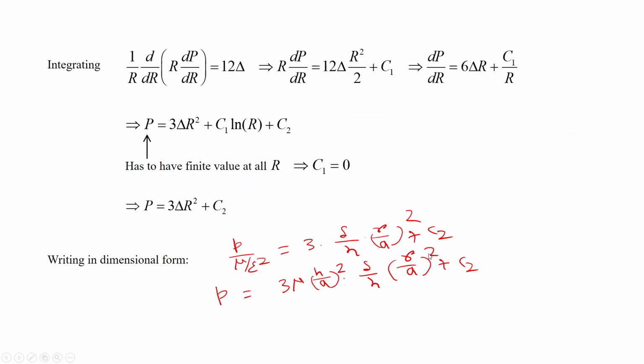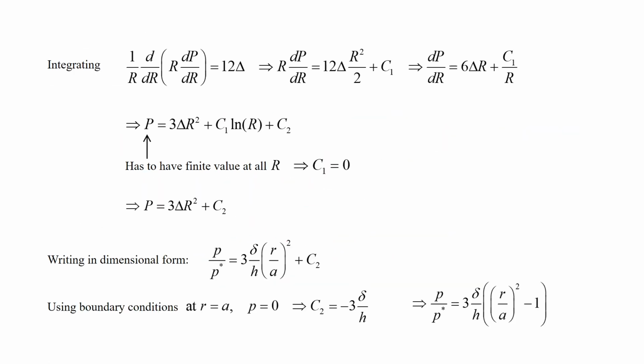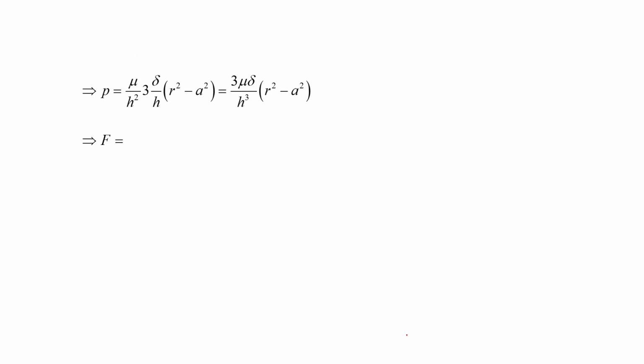Finally, we have this expression for p, and p is equal to p star into, p star is mu by h square by r square. So, that r square goes up in the denominator. So, finally, we have this expression, and here we can write it in a further compact form as 3 mu delta by h cube into r square minus a square.